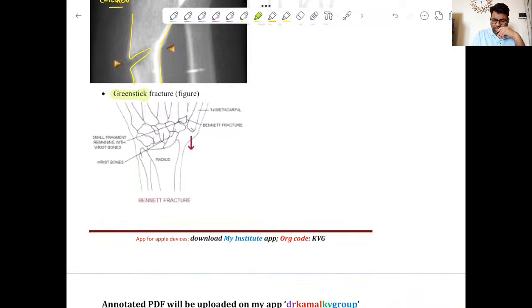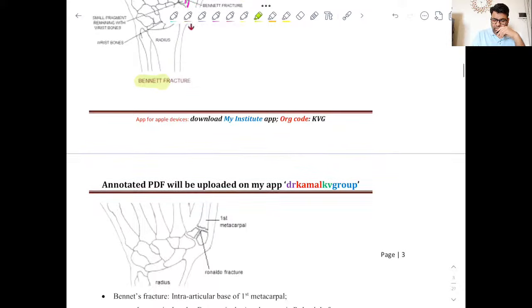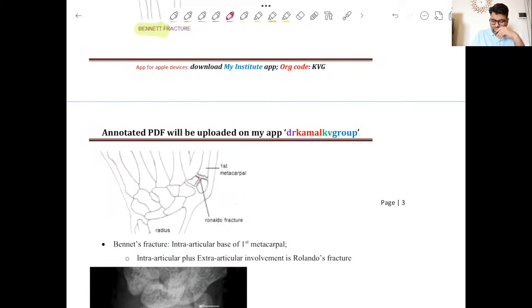Then base of thumb, if you see a linear fracture line which is going into the joint space, so this is the intra-articular fracture of the base of the first metacarpal, and this is the Bennett's fracture. But if this fracture line also extends outside, that is extra-articular, and it gives rise to a T-shaped or Y-shaped configuration, then it becomes a Rolando fracture, right?